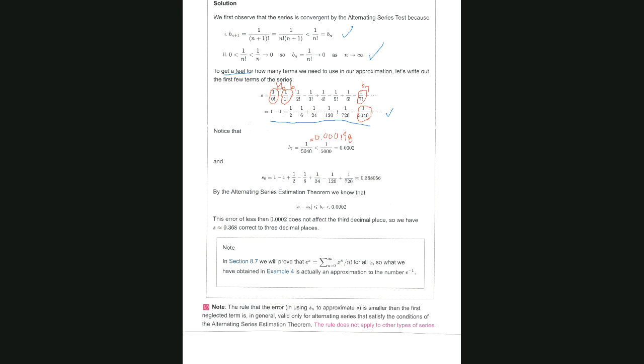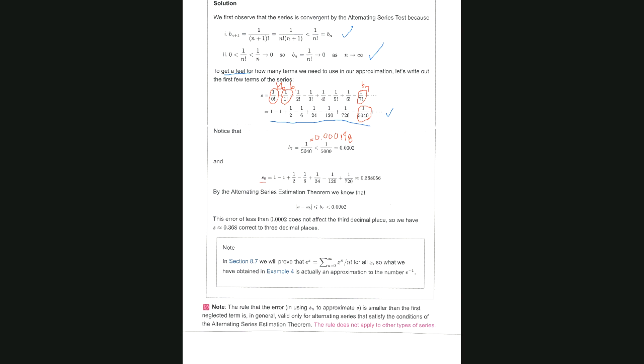And so by this alternating series estimation theorem, the sixth partial sum, they call it S sub 6, but it's really the sum of the first 7 terms of the series.